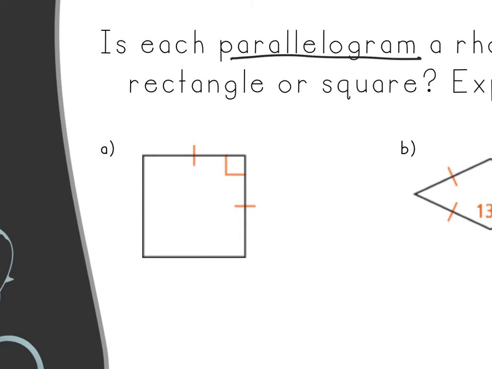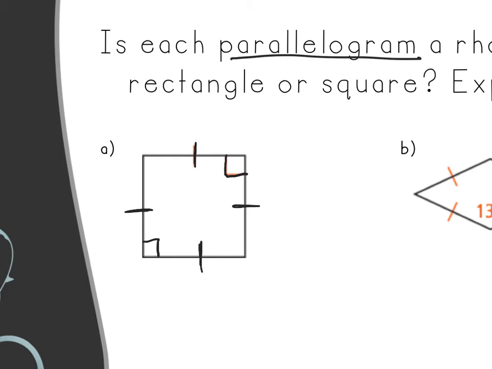It has 4 sides. It only has 2 marked, right? But what do you know about the other ones? Because it's a parallelogram, remember opposite sides are the same. So if this has 1 mark, this has 1 mark. If this has 1 mark, that has 1 mark. Now I've got 4 sides. So I just made it a rhombus, right? But then it also has a right angle, which means this has a right angle.